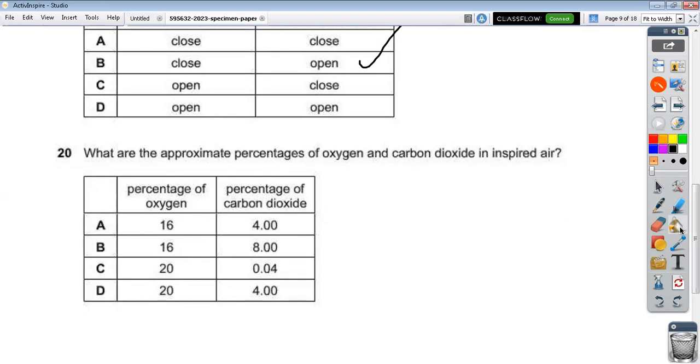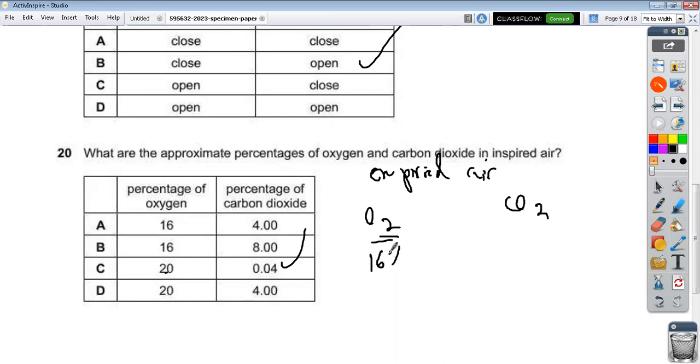But if it's expired air, what would be the percentage of oxygen when you breathe out? Is it the same or less? It would be less. What's the percentage?